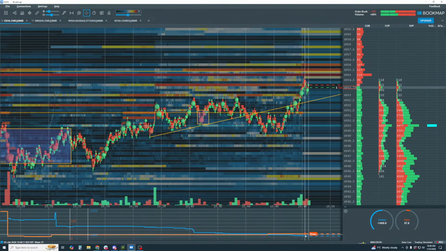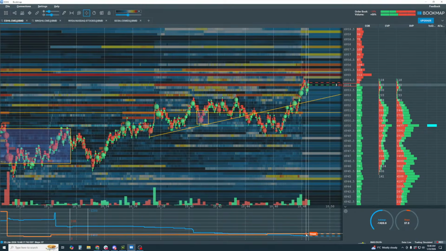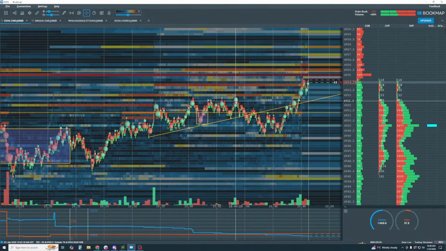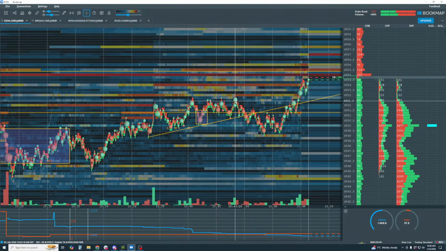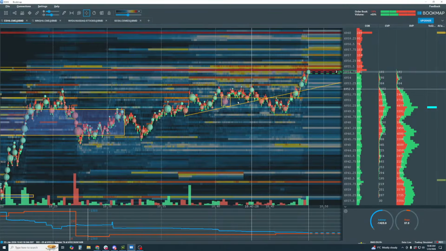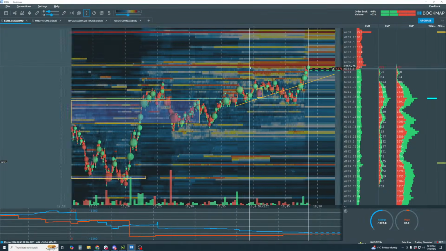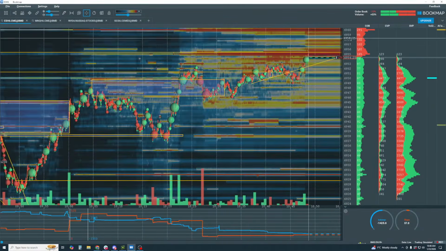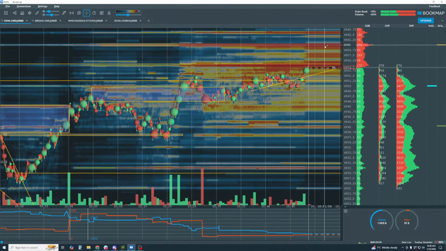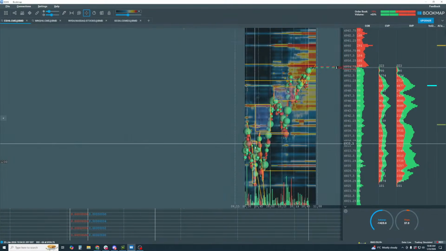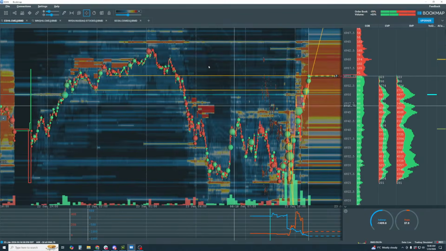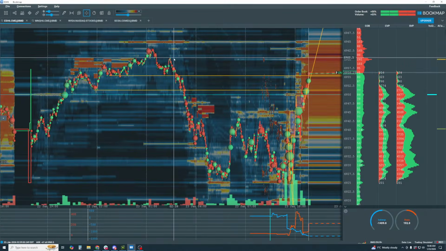I'm still waiting for that stop run. I want to confirm that. Let's see it, guys. Oh, we might even come up to 60 on that stop run. Let's zoom out again in here and put another level in here. So it would be up in here from the overnight.